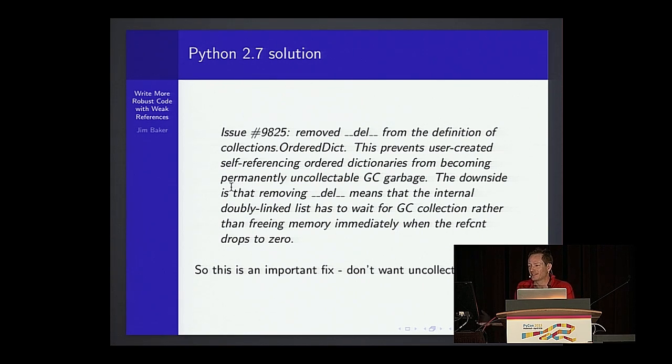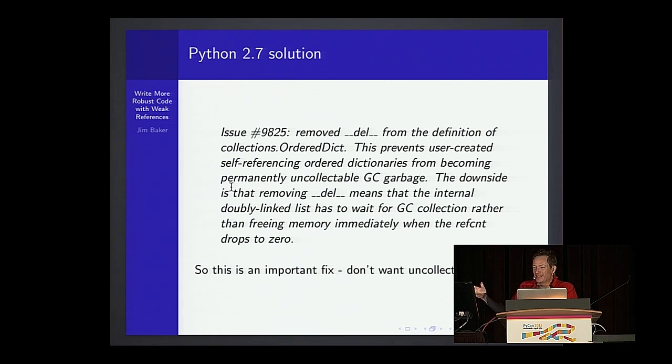So we see in issue 9825, and again, maybe it's just me as a developer of Python, but I like to read the bugs. I like to see what's going on. And we see in this issue 9825 the reason why.